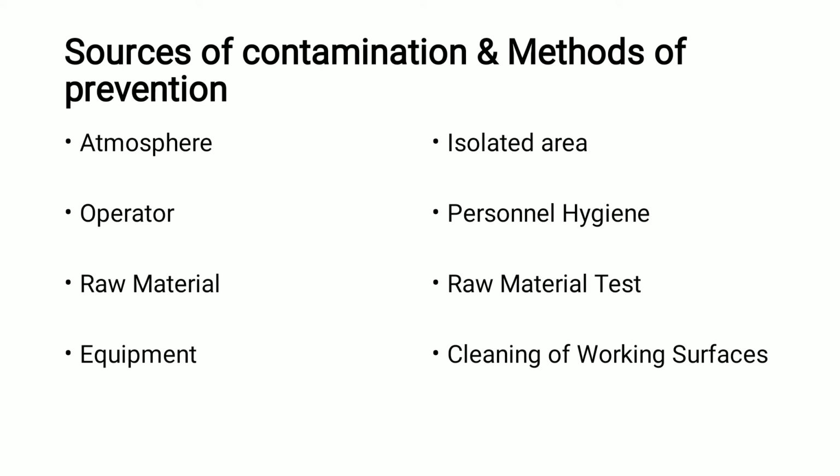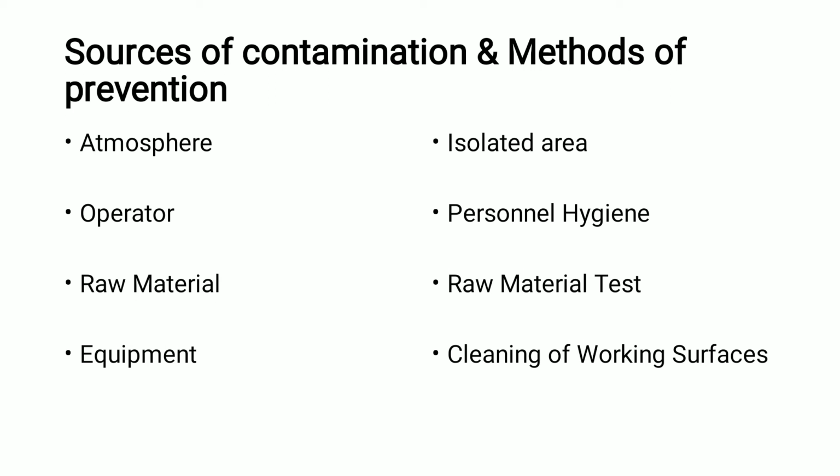Next important part is raw material. Raw material is also one of the important criteria, because that is what will formulate a product, and if the raw material itself contains contamination, then though we follow all those aseptic processes, laminar flow and other equipment, the formulation will still contain contamination because the raw material itself contains that contamination.